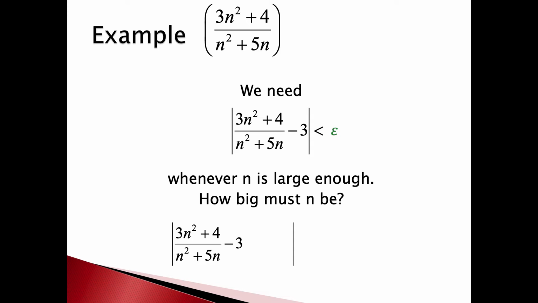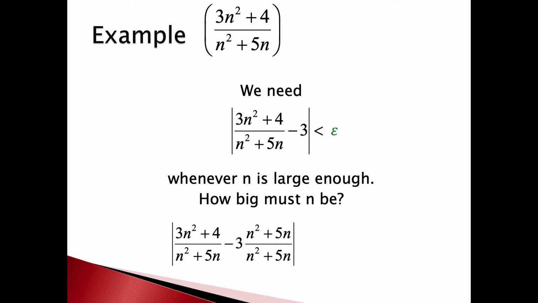What I'm going to do is take that minus 3 there, and I'm going to get a common denominator and simplify this. So in other words, what I'm going to do is multiply that 3 by n squared plus 5n over n squared plus 5n. In other words, I'm getting a common denominator and putting all of that together.